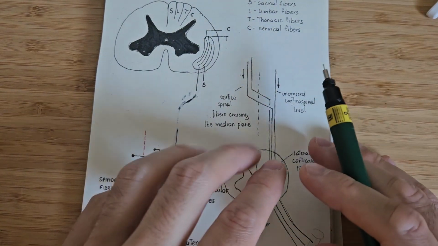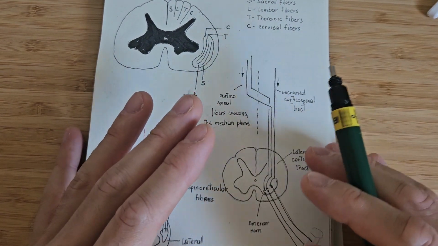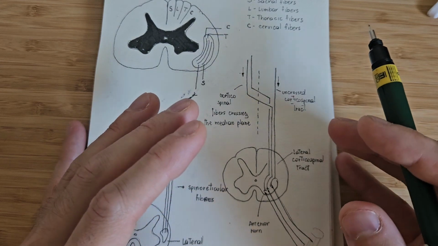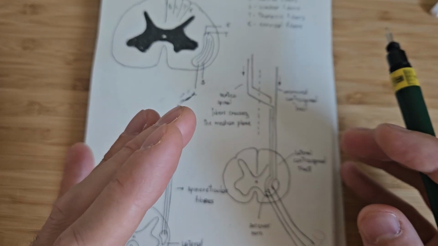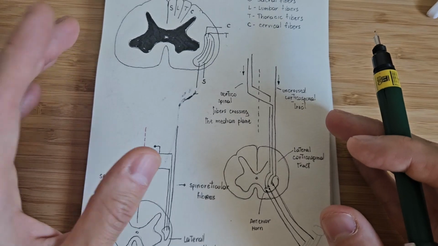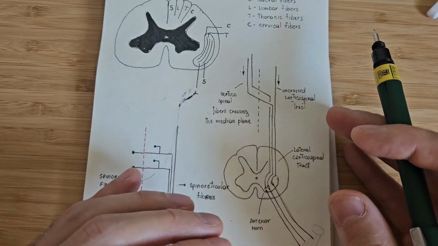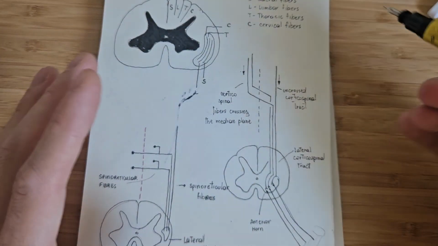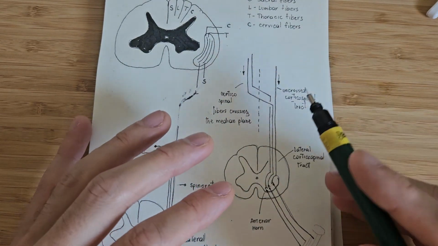Uncrossed corticospinal fibers, this here, are a small percentage of corticospinal fibers. They do not cross over at the pyramidal decussation and remain on the same side of the body.